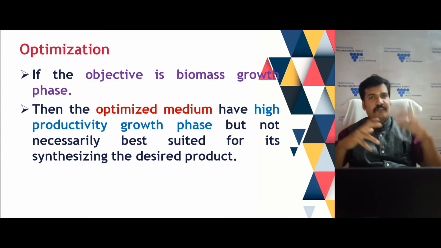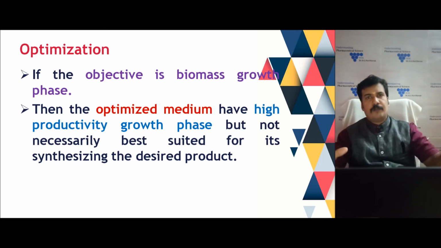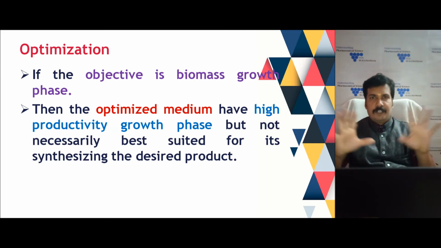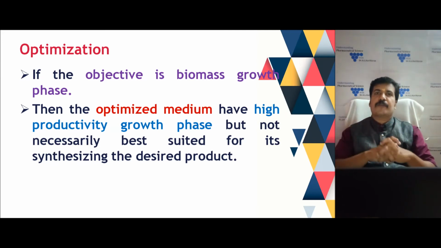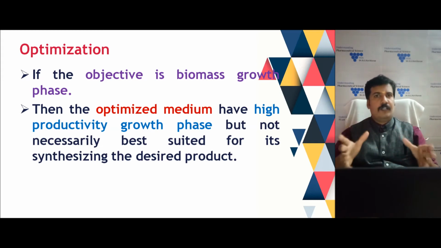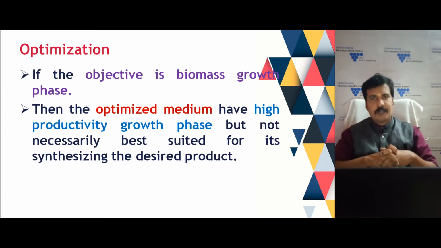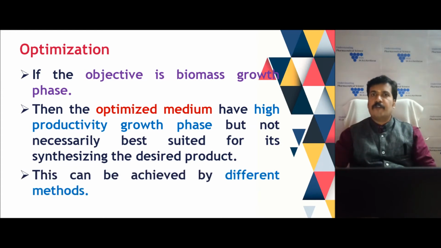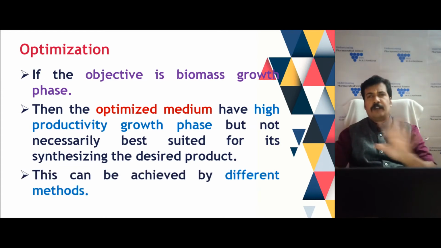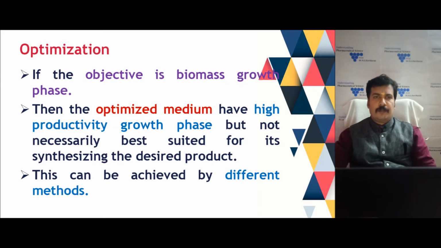Likewise, if my objective is product formation, the optimized media can favor product formation in large quantities, but not necessarily be suited for biomass growth. So while doing optimization, we should be very clear with our objective: whether it's biomass or product formation. Based on this, we go for an optimization. There are various techniques available for optimization.